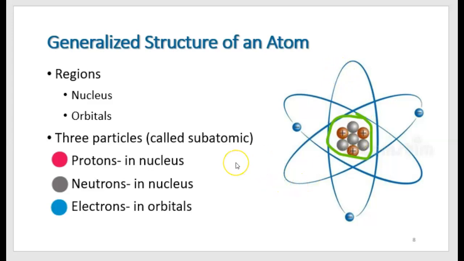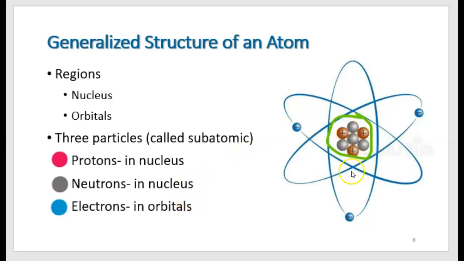An atom has 3 particles called subatomic particles: protons, neutrons, and electrons. Both protons and neutrons are located in the nucleus, and they give an atom its mass, or weight, if you like.